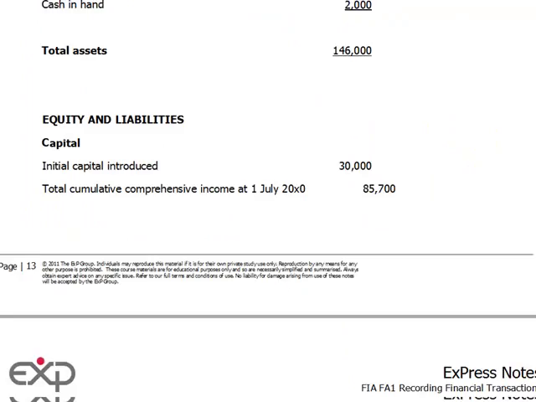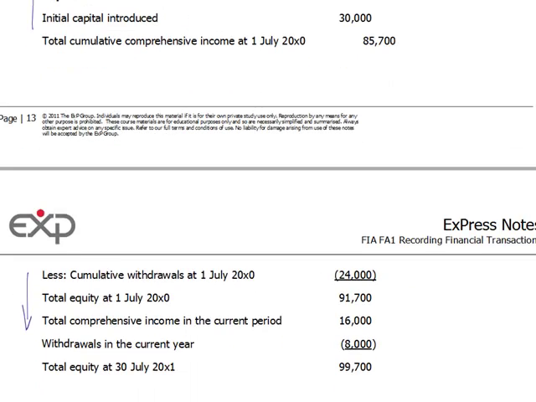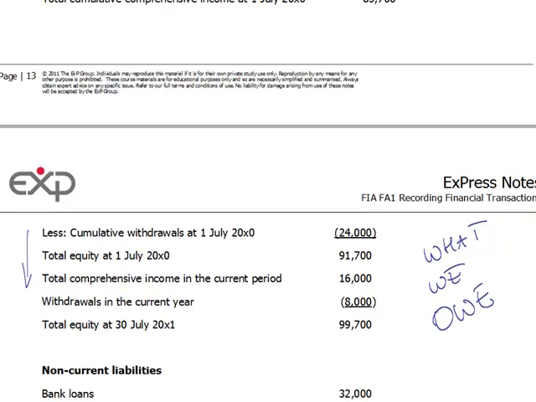It's also a listing of our equity and liabilities, which basically is what we owe to other people.